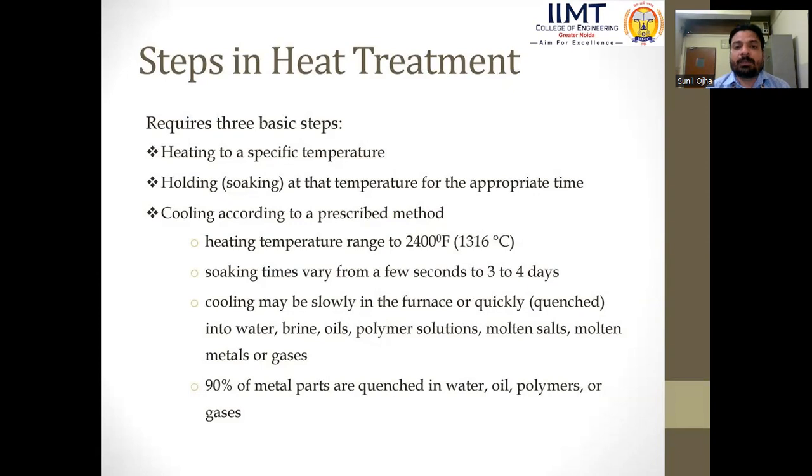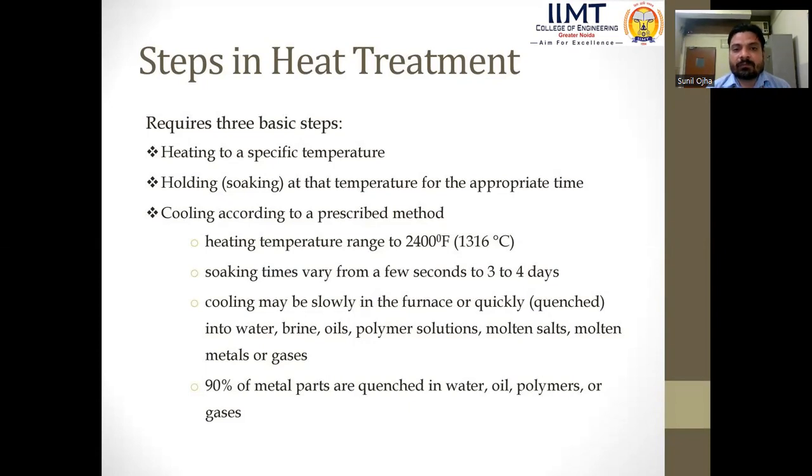Cooling according to the prescribed method, meaning the cooling rate required for changing different properties. The heating temperature range goes up to 2400 degrees Fahrenheit or 1316 degrees centigrade, like this for steel material.